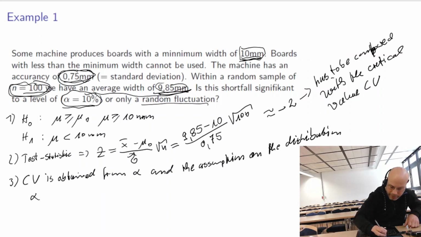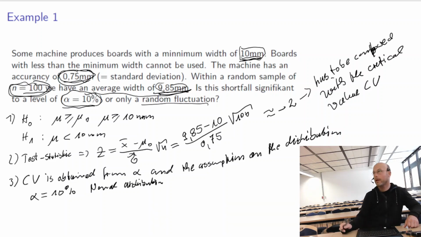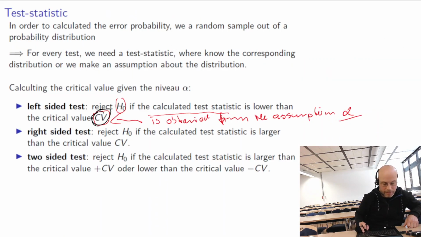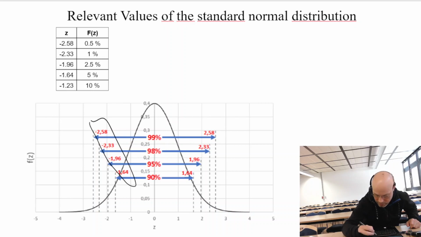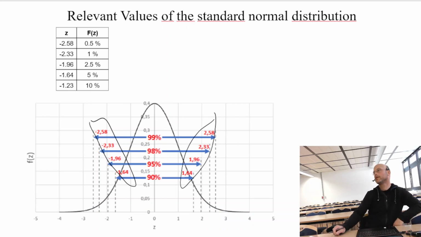So in our case, we have alpha is 10% and we have normal distribution, and thus, for the normal distribution, you should have in mind this picture, because then we know these values.